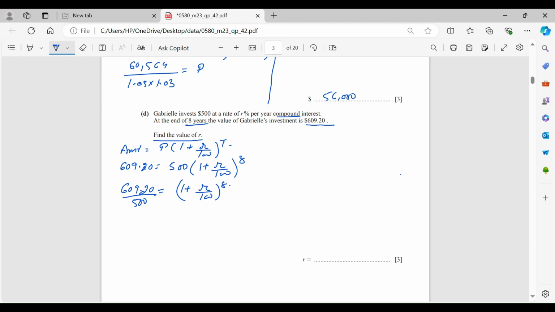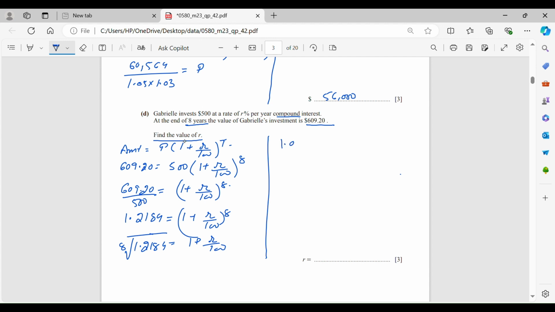This will be 1.20184. This is equal to 1 plus r by 100 raised to the power 8. Now, eighth root of 1.20184, this is equal to 1 plus r by 100, right? So this is 1.024999.